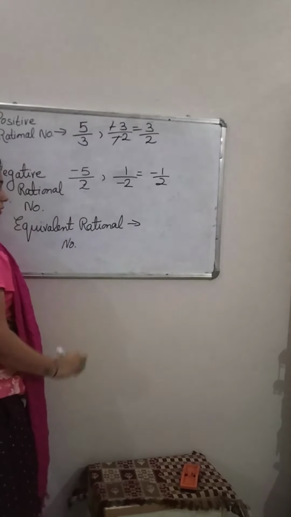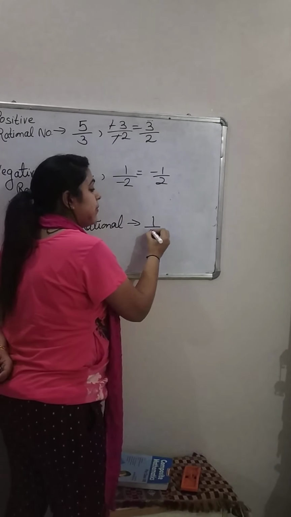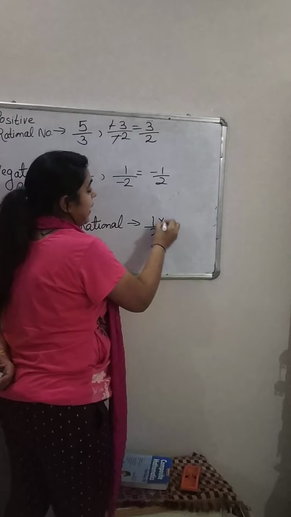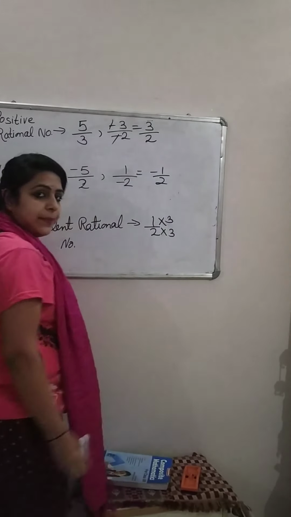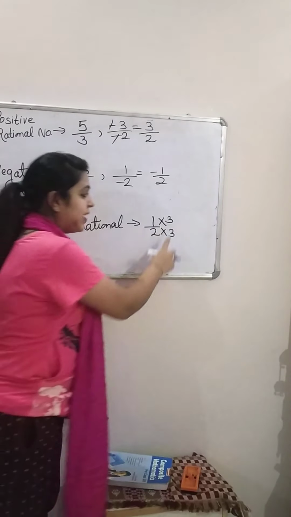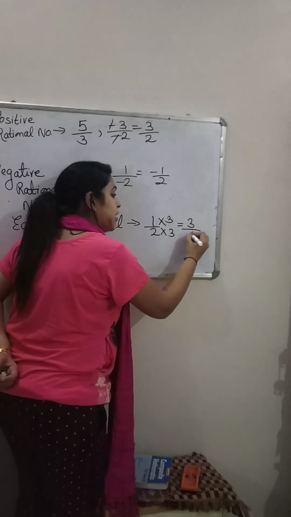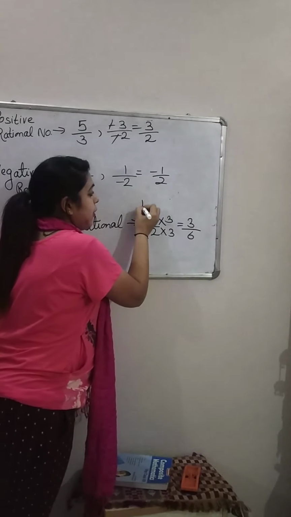What are those equivalent rational numbers? See, if I have some rational number 1 upon 2, okay? Now what I did, I multiplied the numerator by 3 and the denominator by 3. Both, numerator by 3, denominator by 3. What does it become? 3 upon 6. Alright, we started from 1 upon 2.